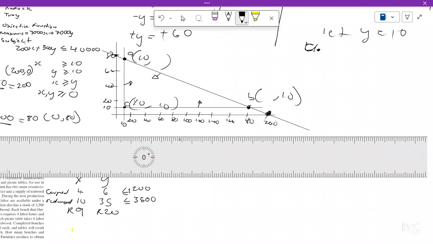So now 200x plus 500 multiplied by 10 equals 40k.